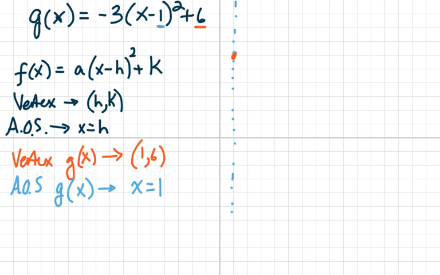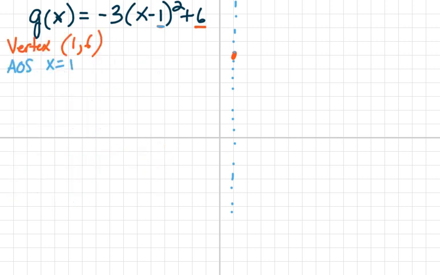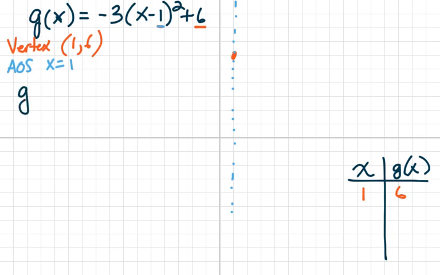So if I want to draw a table, I'll just draw one over here. My x value and my g of x, or y value, are the points I'm plotting. So for my vertex, I already know if I plug in 1 for x, I am going to get 6 out.